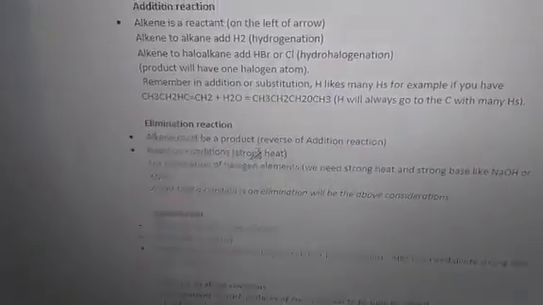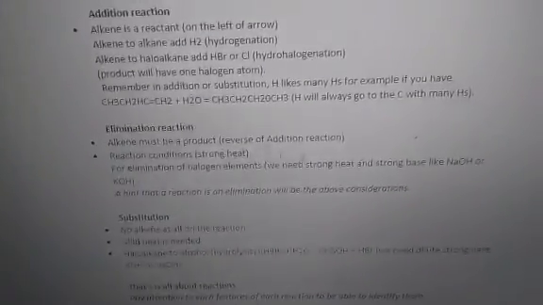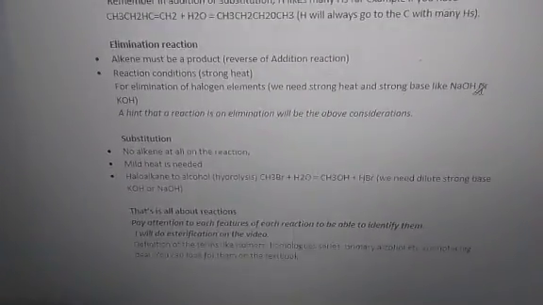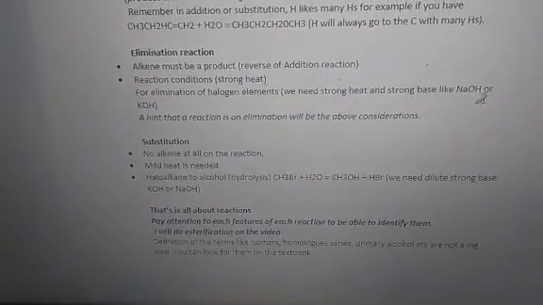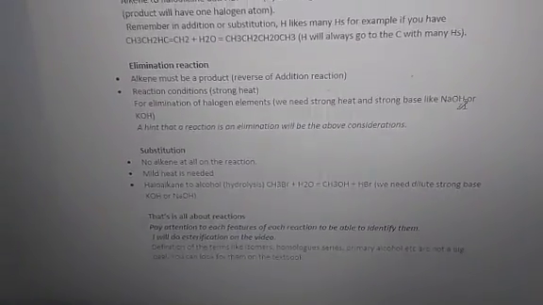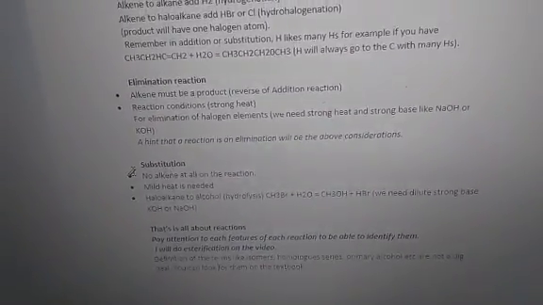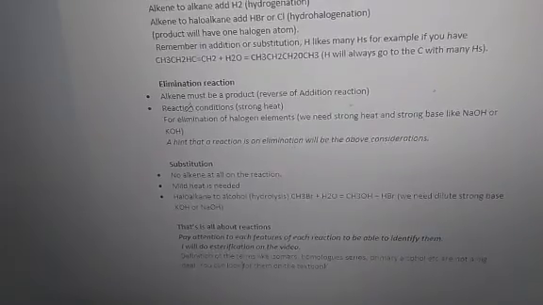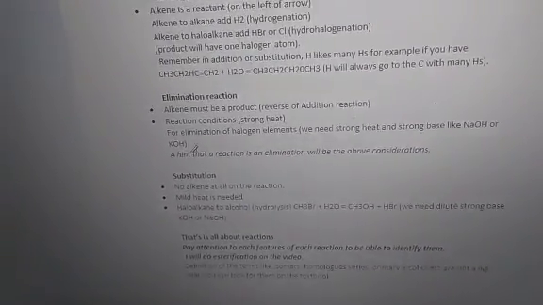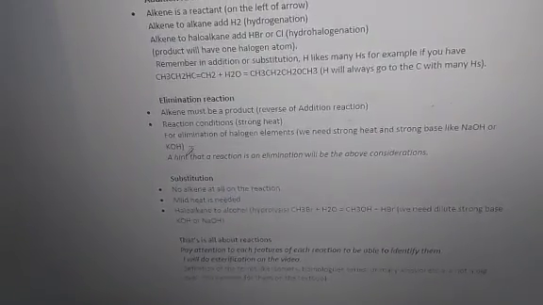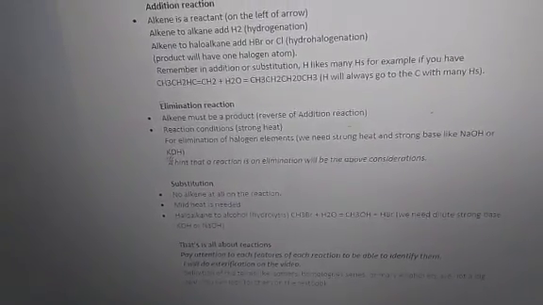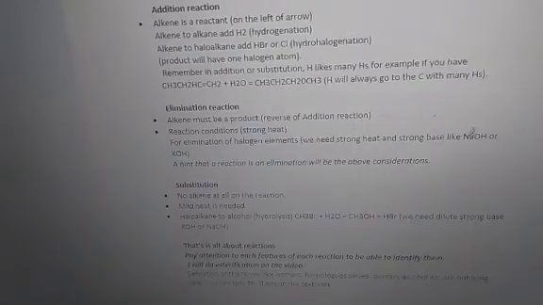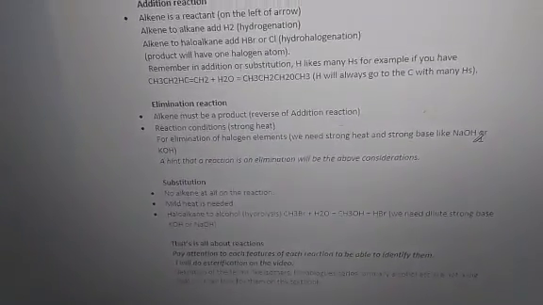If there's strong heat and there's also a strong base like sodium hydroxide or potassium hydroxide, then that is a hint that it's an elimination reaction, because those are the considerations.